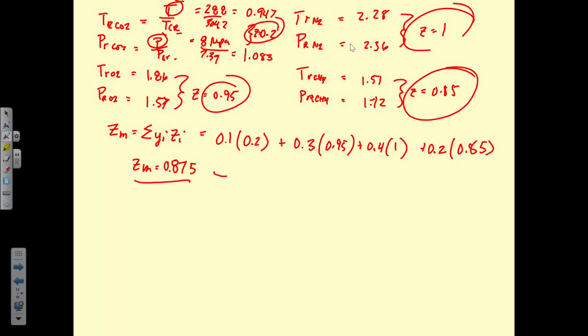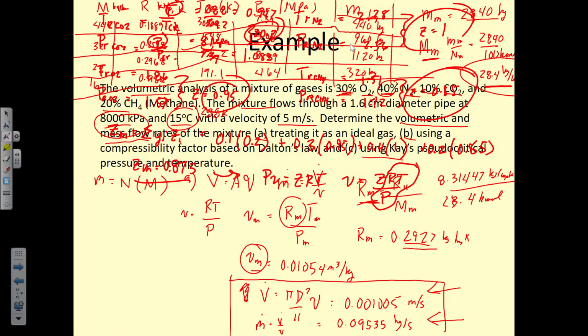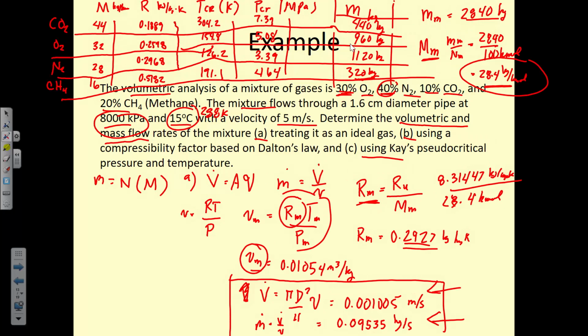So now we use that back in our ideal gas equation where PV is equal to ZRT, V is equal to ZRT over P. So essentially what we're doing now is calculating this V that we calculated before, the RT over P, using the same thing, R of the mixture, T of the mixture, P of the mixture, but now we're multiplying it by that Z factor.